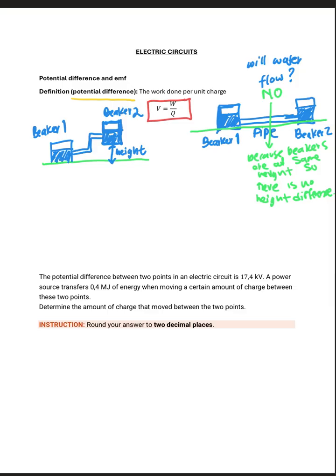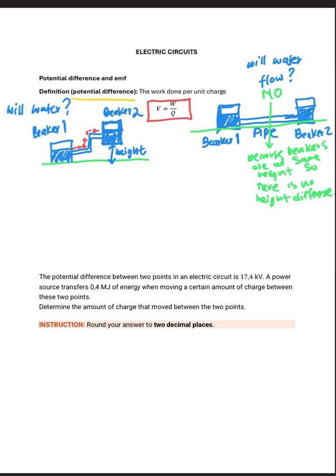And then we ask the question, will water flow? I guess the answer will be yes, because of the height. The water will move here and it will flow because of gravity. It's gonna go down because of gravity, and then it's gonna flow. So there will be a flow of water.